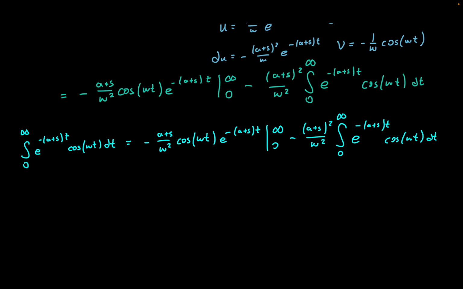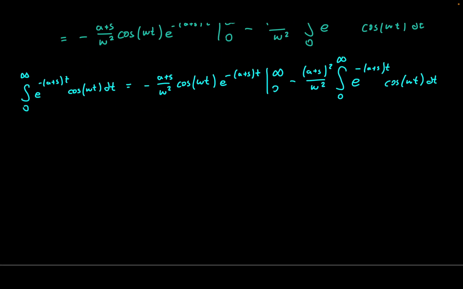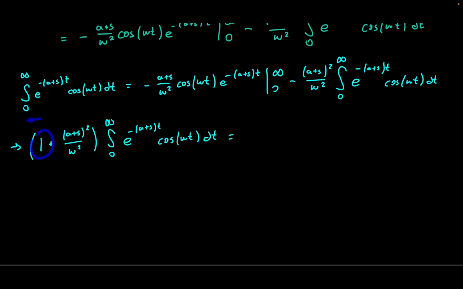So we can essentially add this term over to the left-hand side. Let's do that. Then we'll get, in parentheses, 1 plus (a plus s) squared divided by omega squared, times the integral from 0 to infinity of e to the negative (a plus s) times t, cosine of omega t dt, where this 1 is coming from this term, and this (a plus s) squared divided by omega squared is coming from this term.